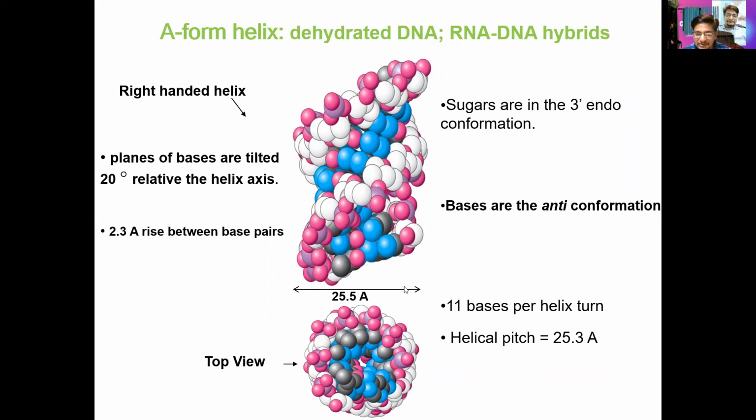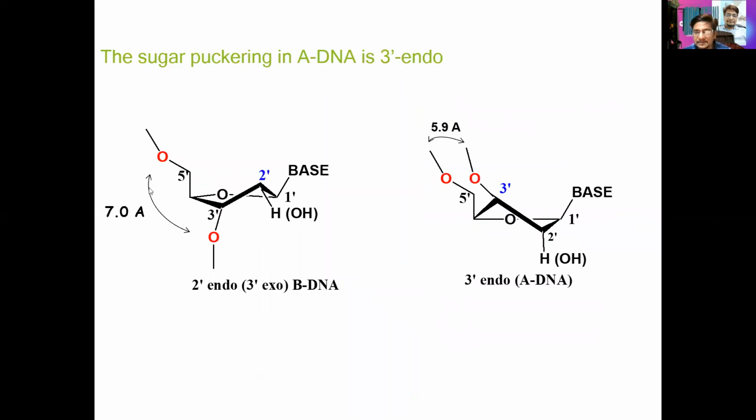The diameter is somewhere around 25.5 angstrom, and per helix turn there are 11 bases, and the helical pitch is going to be 25.3. Bases are always in the anti-conformation. Every base rise is around 2.3 angstrom, and the plane of the base is a little tilted, around 20 degrees relative to the helical axis.